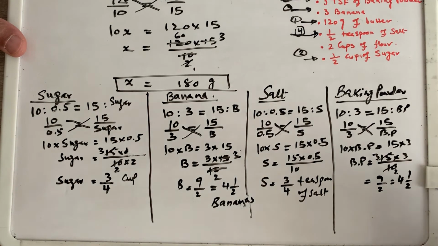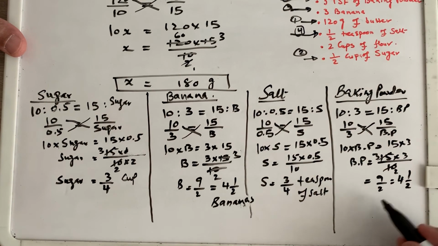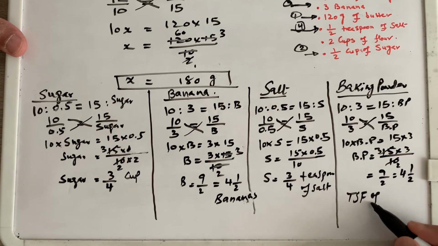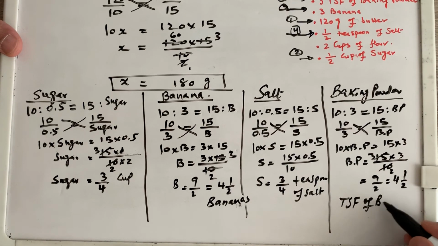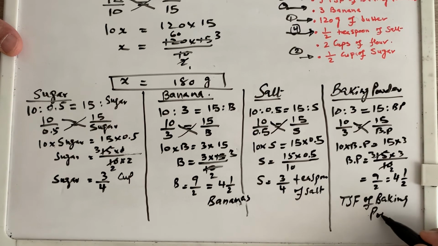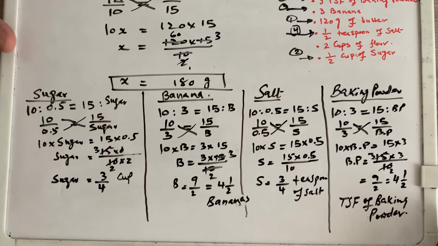Before it was 3 teaspoonful of baking powder. Now is 4.5 teaspoonful of baking powder. So that's how we calculate all the ingredients for 15 servings.